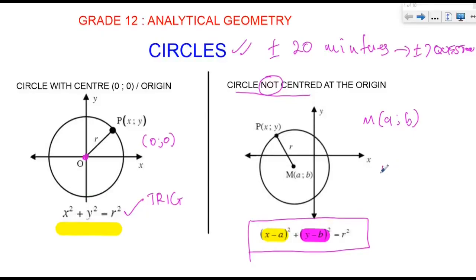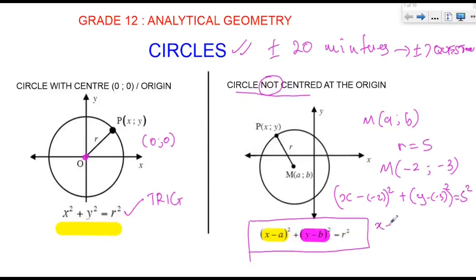You may just have a situation where M, the center, is (minus 2, 3) and has a radius of, let's say, 5. Then the equation of the circle would be x minus minus 2 all squared plus y minus 3 all squared is equal to 5 squared.